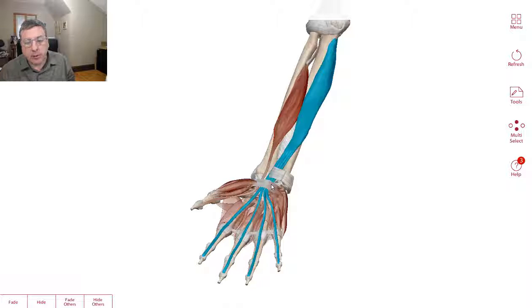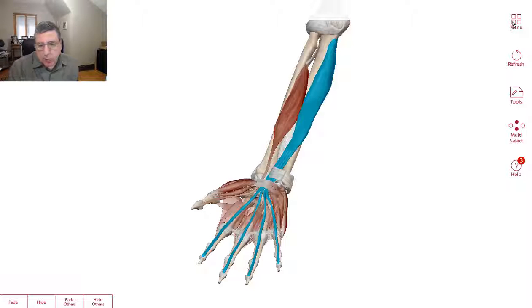Now the interesting thing with this one, it's innervated by 2 nerves. Cut the muscle in half. The medial half of this one is innervated by the ulnar nerve. The lateral half is by the median nerve, which is kind of cool.